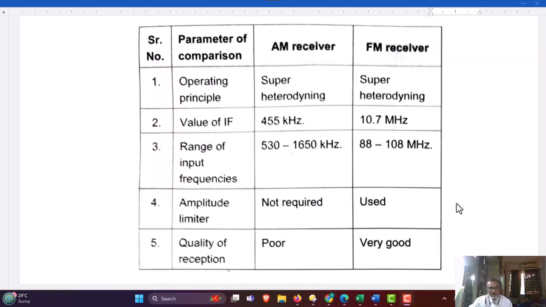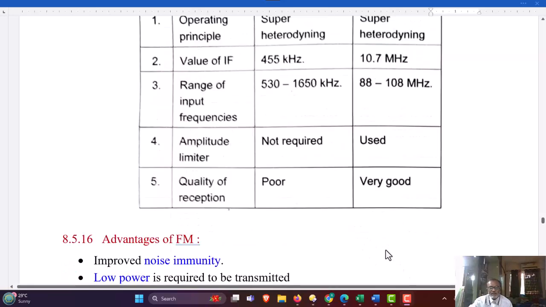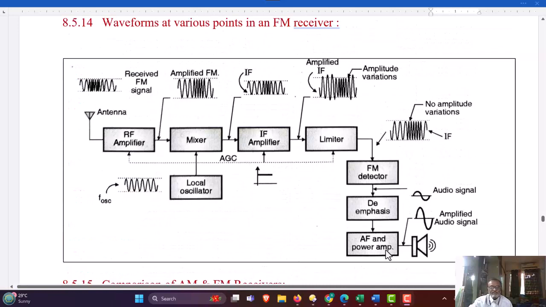Whereas in FM receivers, quality of reception is good because by limiting the amplitude, we can eliminate the noise at the limiter stage.